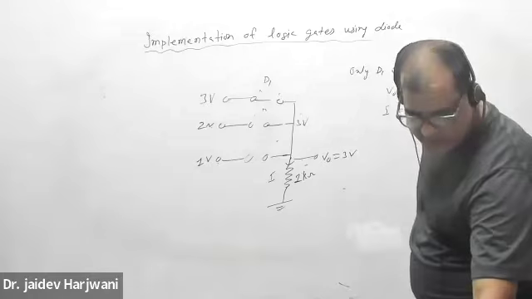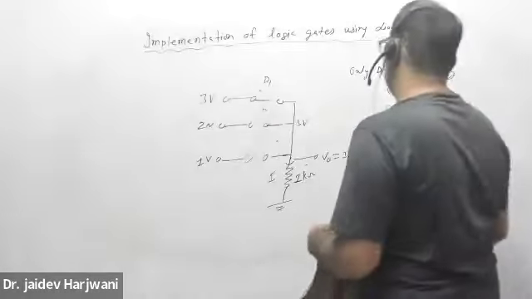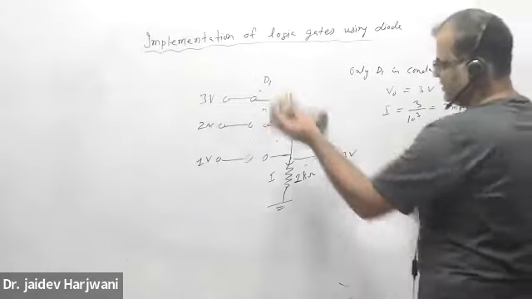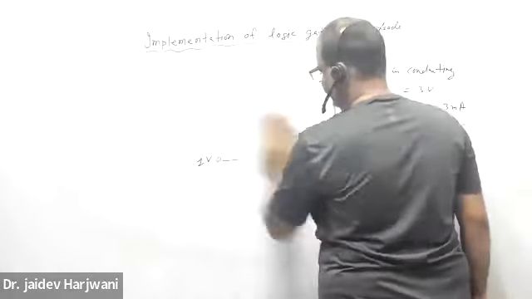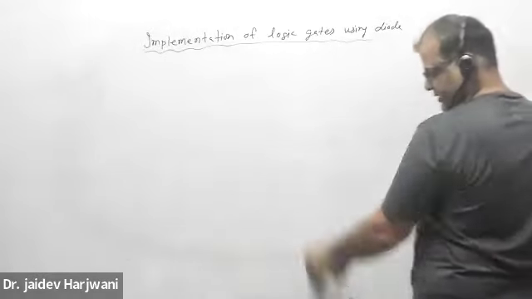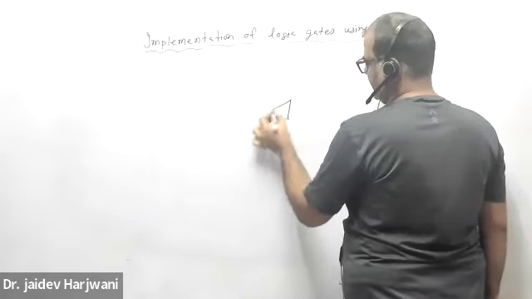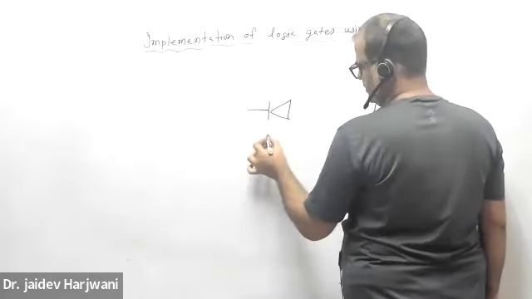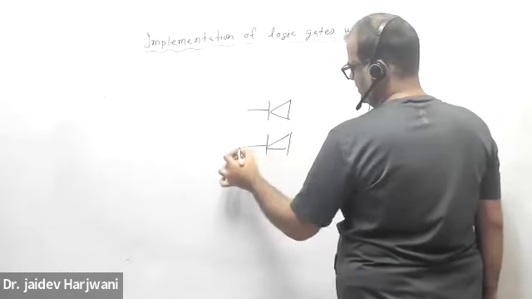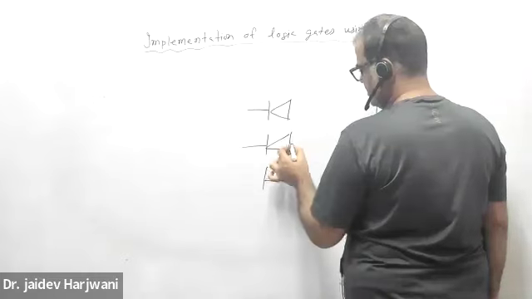Now let us take second case. Now this was the OR gate. Now let us do the same thing with your AND gate. Okay, say this is my diode, this is my diode, and this is my diode.